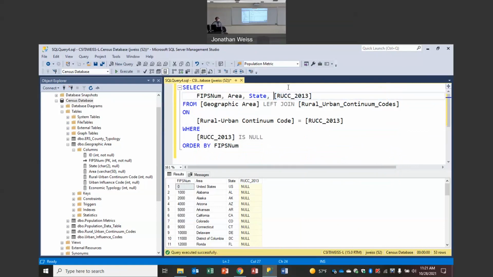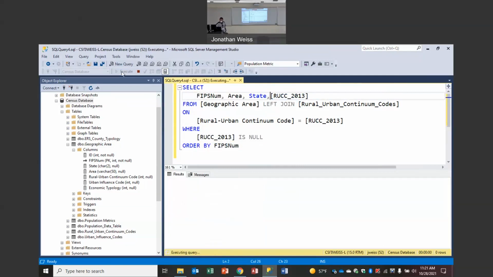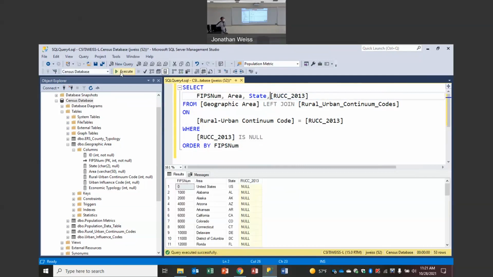This would have been another solution to the problem of the ambiguity of rural urban continuum code versus RUCC 2013. And if you ran this, assuming I didn't make any mistakes here, you would have gotten exactly the same answer.